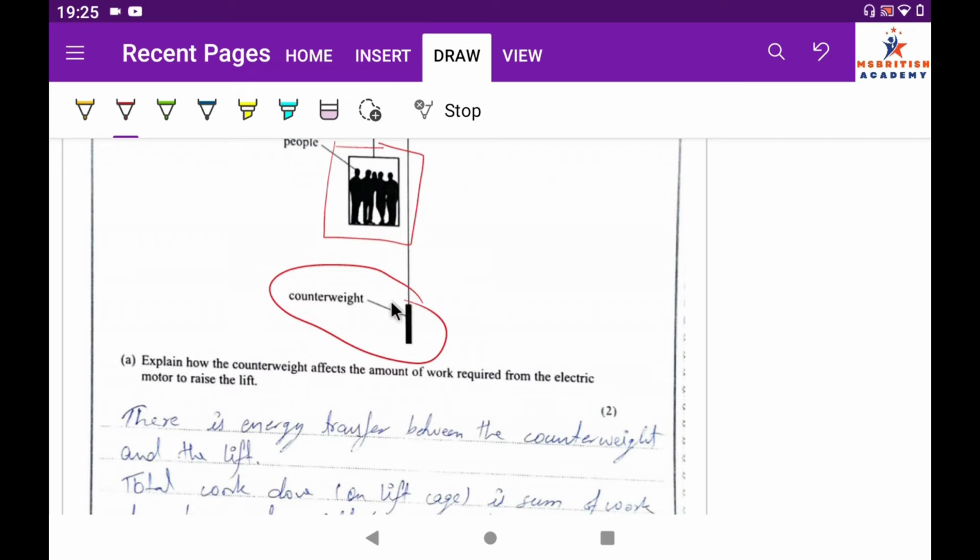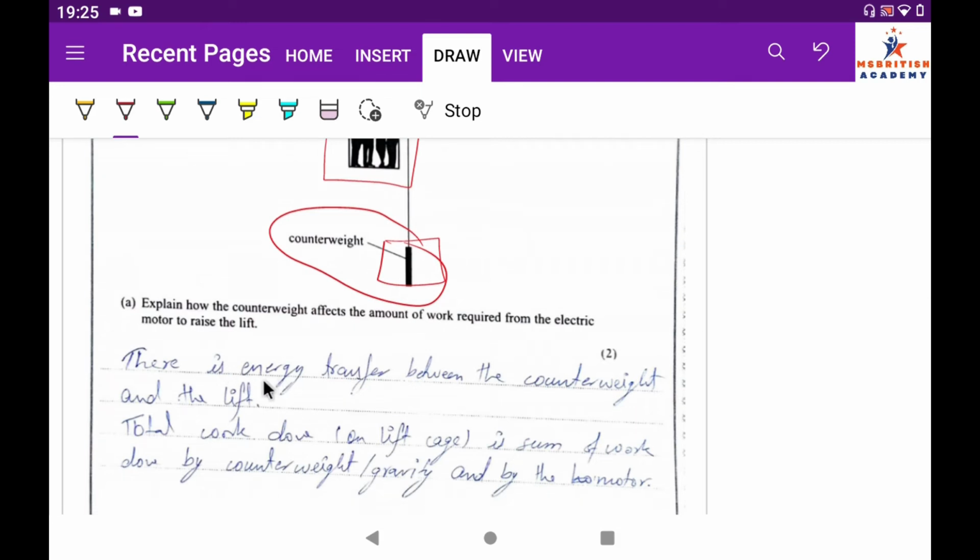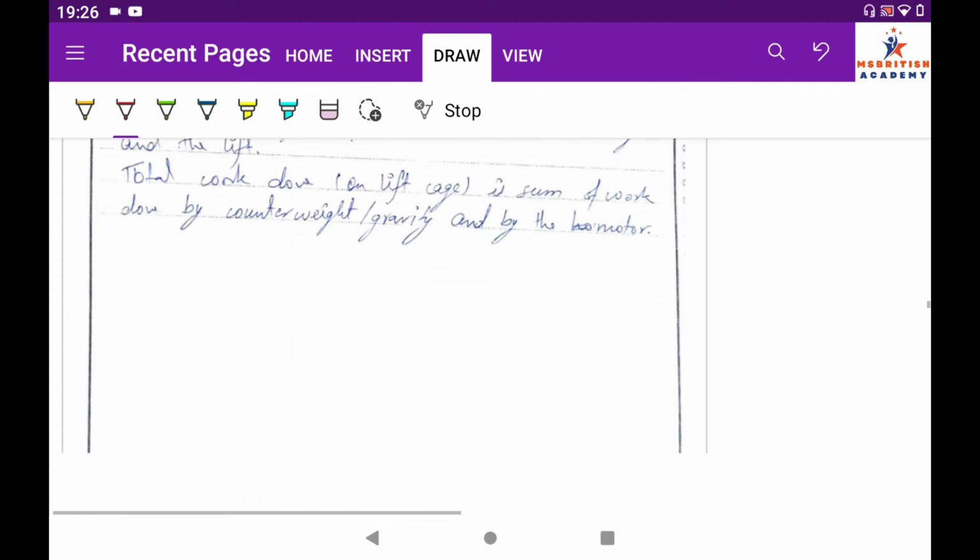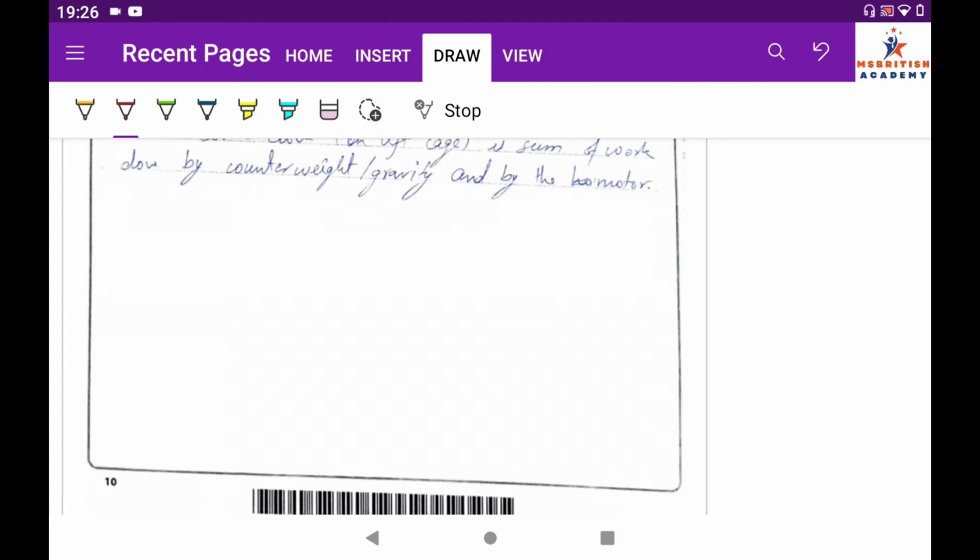From here we can say it will change some kinetic and potential energy. So there is energy transfer between the counterweight and the lift. Whatever energy decreases, by potential or kinetic energy, we can add up. The sum of the work done on the lift cage is the sum of the work done by the counterweight, gravity and the motor.